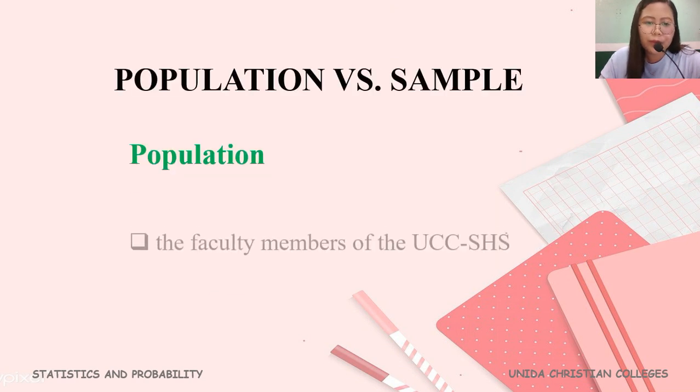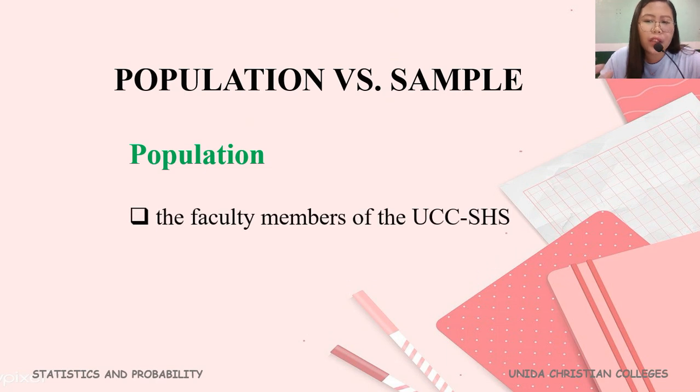Example, the faculty members of the UCC Senior High School. So, yung mga teacher daw sa UCC, sa Senior High School, that is a population. Pero pag sinabi mo lang na one selected teacher in every department, let's say, isa sa math, isa sa English, isa lang sa science, then that is a sample.